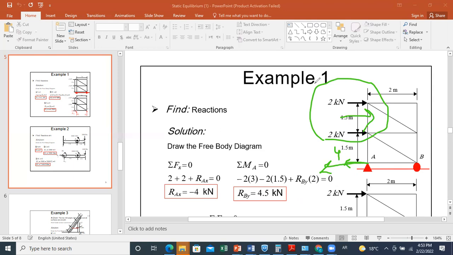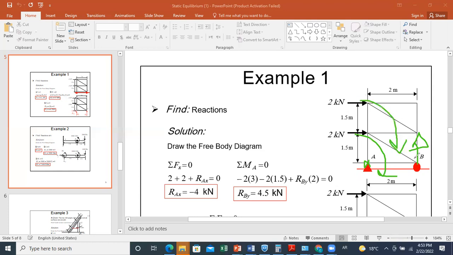Also, you could have expected that By is upward. Why? Because to ensure sum of moment about A equals 0, since these two are rotating clockwise, we need a force that will balance this moment. So it should create a moment counterclockwise, and this is only possible if By is upward.